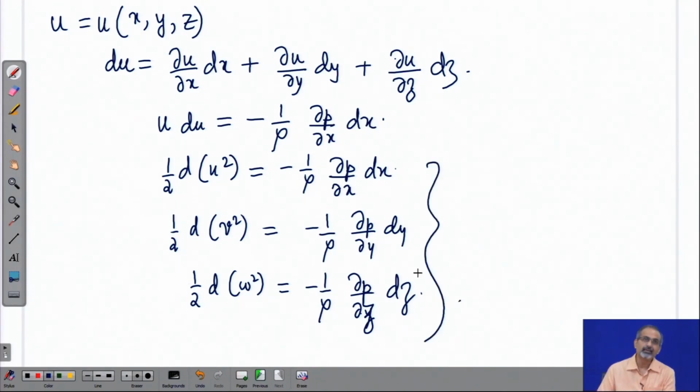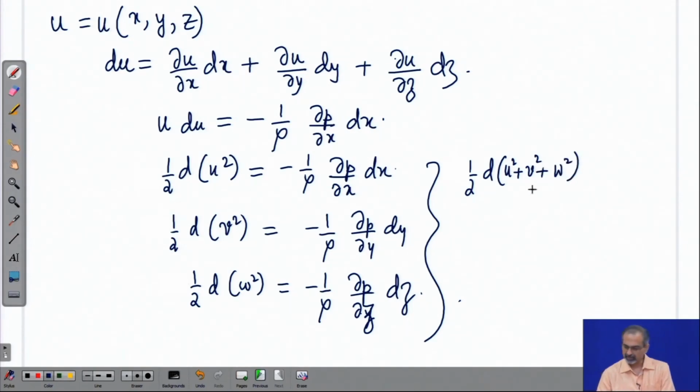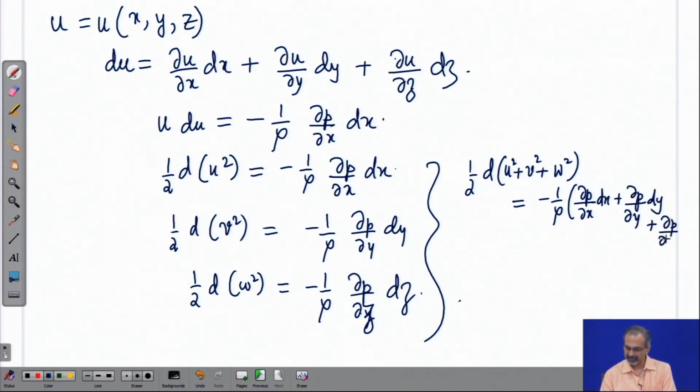If you do that, if you sum them all, then what do you have? You have d of u square plus v square plus w square with the right hand side with the common factor minus 1 by rho. What will you have? You will have del p del x times dx, and you can get to see some clear indications that this equation is going to simplify.